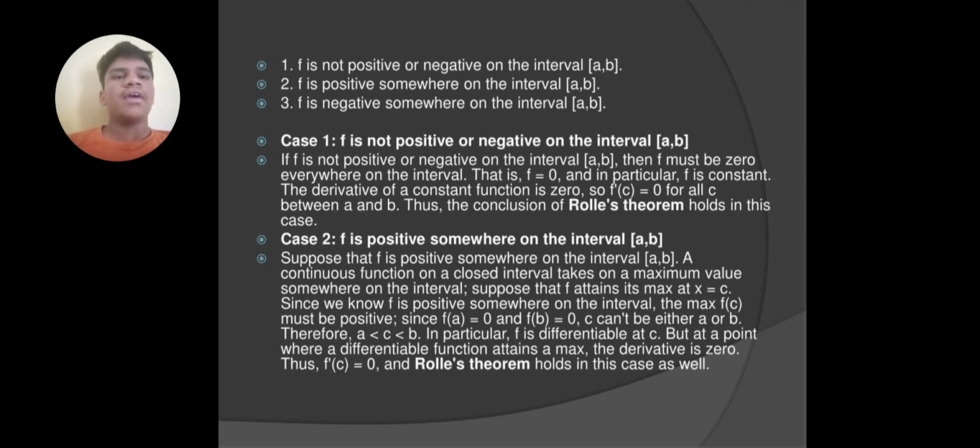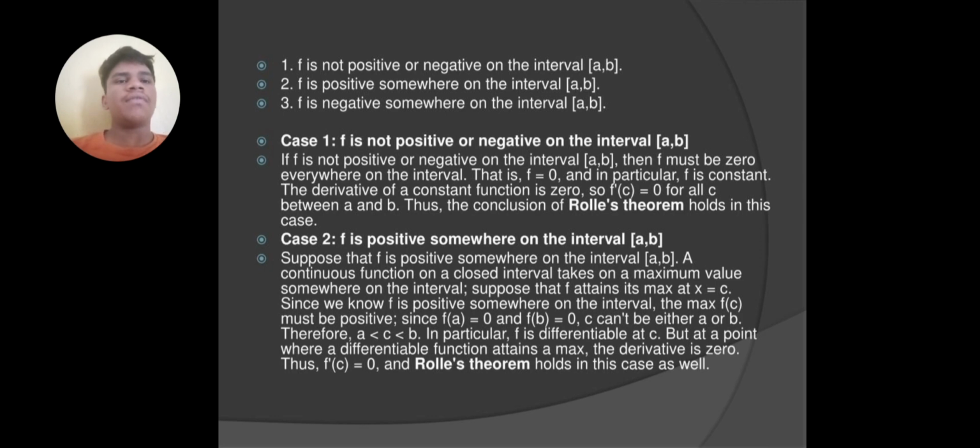Case 1. f is not positive or negative on the interval [a, b]. If the function f is neither positive nor negative on the interval, then f must be 0 everywhere on the interval, that is f equals 0, and in particular f is constant.